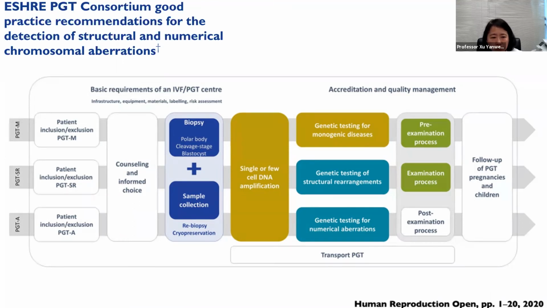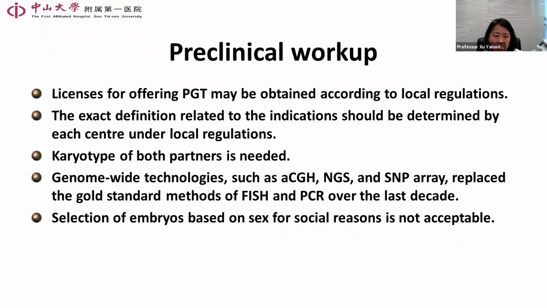This flowchart shows the basic requirements of a PGT center, and also accreditation and quality management in the PGT-A procedures. For the preclinical workup, a license for offering PGT may be obtained according to local regulations.